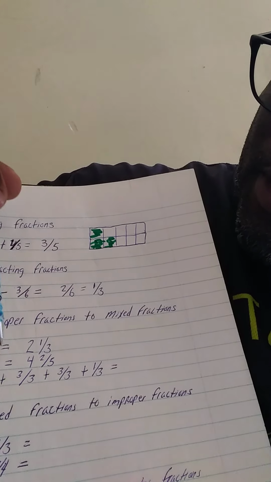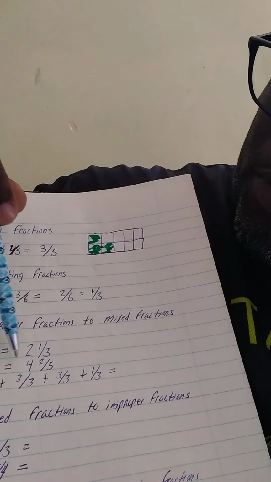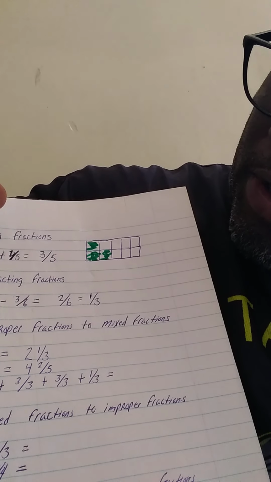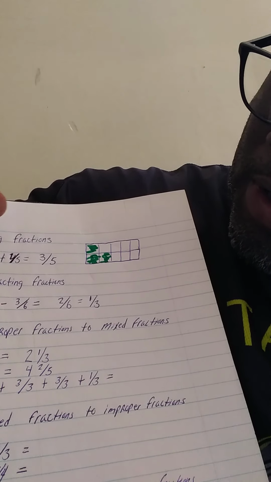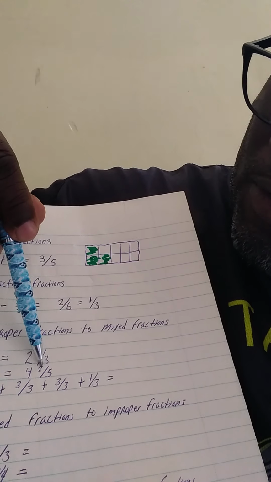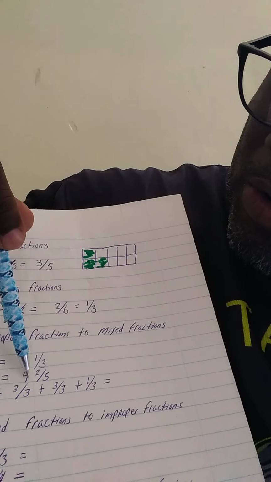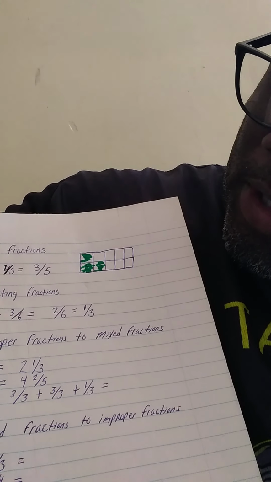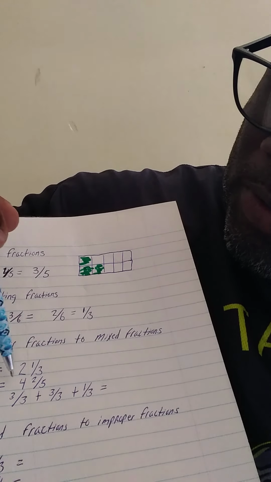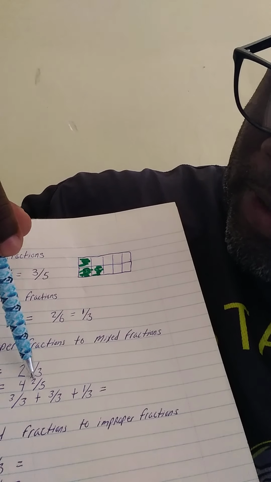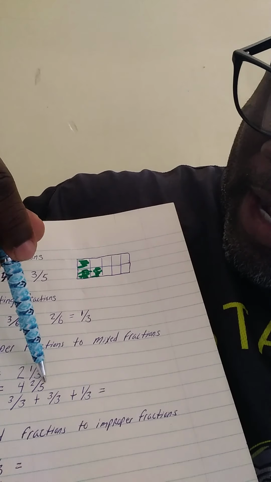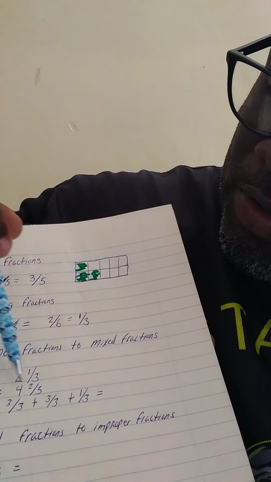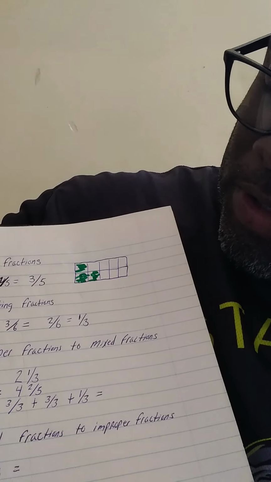Then we say 5 goes into 22 4 times, which gives us 5 times 4 is 20. You subtract 20 from 22, it gives you 2 left over. So we know the whole number goes in 4 times evenly. 5 times 4 is 20. 22 minus 20 is 2, and that's where we get the 2/5 from. So it'll be 5 times 4 is 20 plus 2 is 22, which gives us the same as the 22/5 we have here.